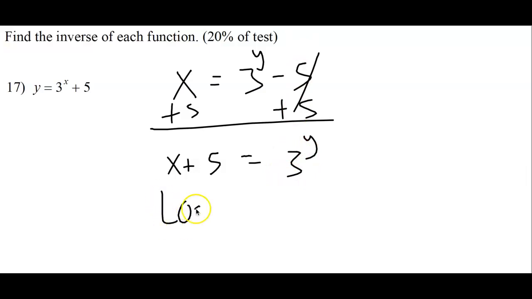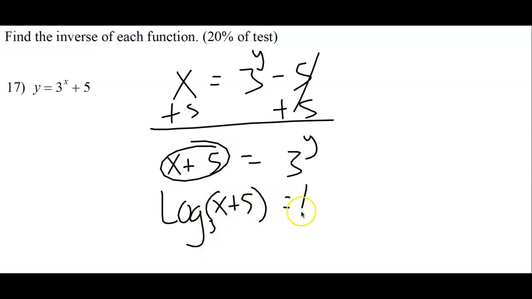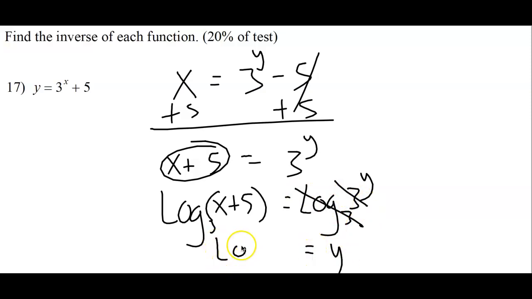So I'm going to use log base 3 of this whole side. Since it's the whole side, I'm going to put that in parentheses. On the right side, the log 3 cancels out the 3 like we wanted, and we're left with just y. And there you have it.